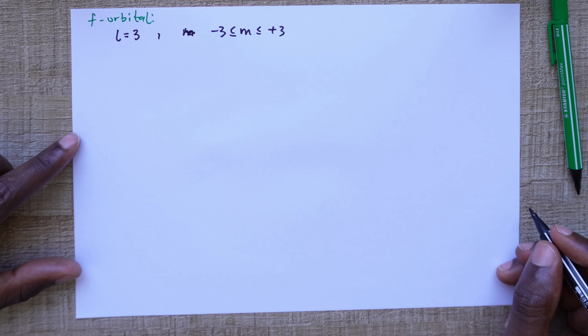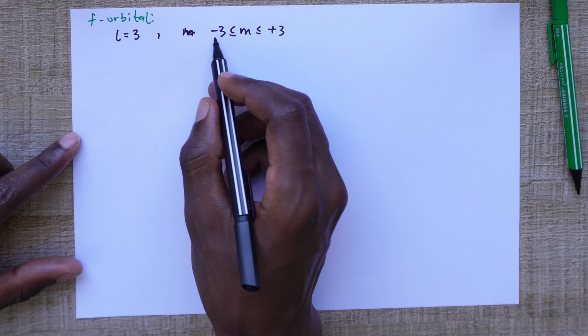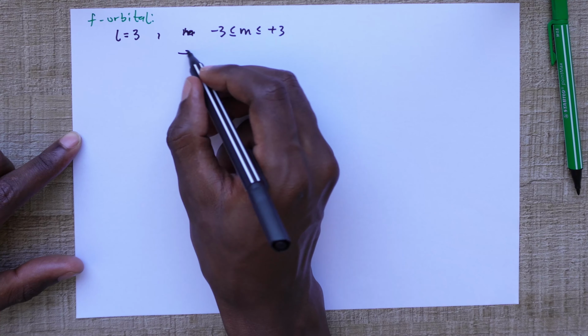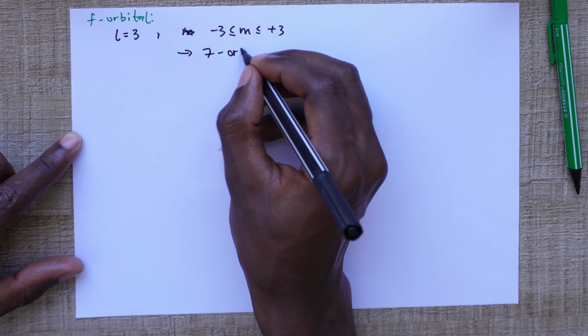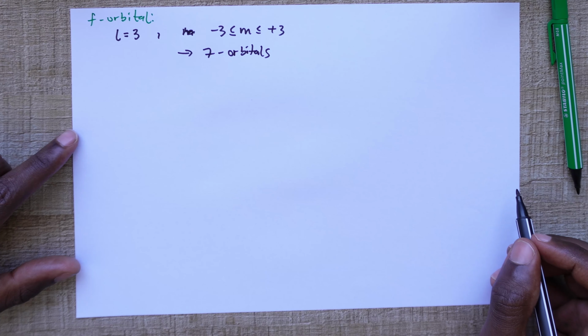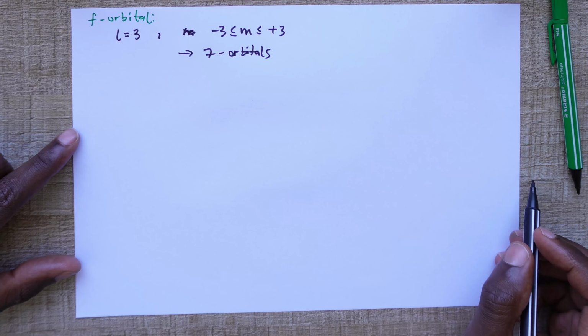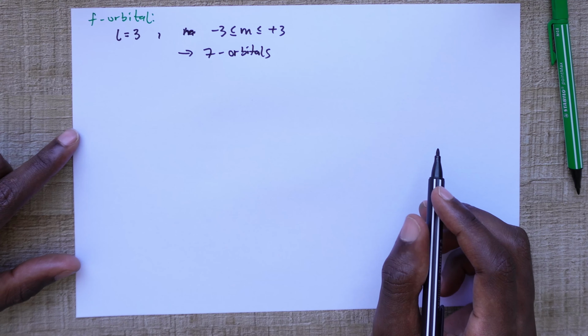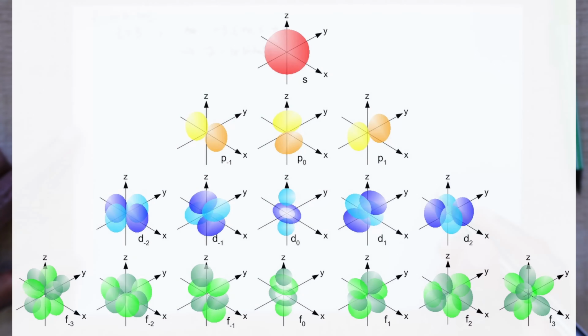So in this case, we are going to have a total of 7 possible orbitals, which represent the f orbitals. They are much more complex, so I won't sketch them here, but I will try to add pictures or images on the screen that represent the different sets of orbitals.